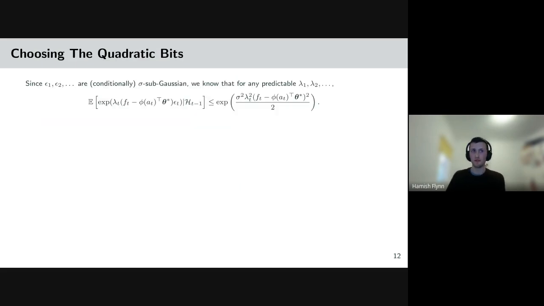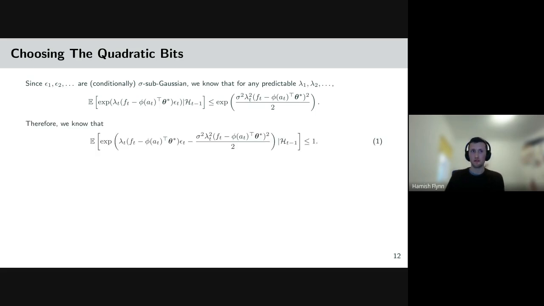In order to do that, we can use what we know about the distribution of our data, which is that the reward noise is conditionally sigma sub-Gaussian. So for any predictable sequence lambda 1, lambda 2, and so on, the expected value of the exponential of something predictable times epsilon_t is upper bounded as follows.